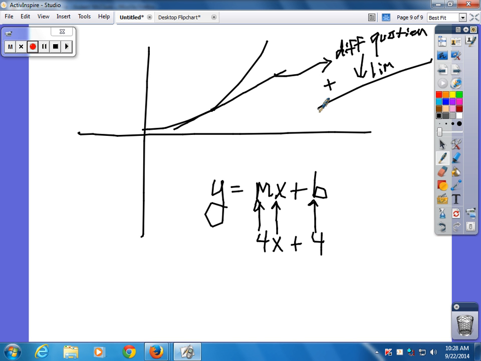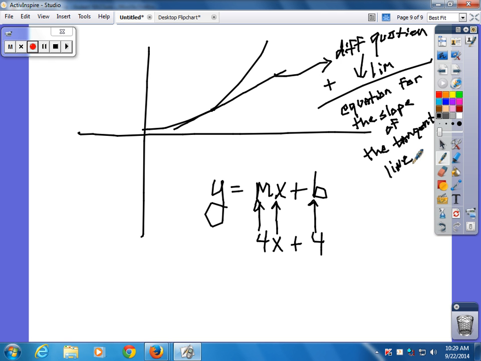I know it's not, but what I'm trying to tell you is, your goal in first semester calculus, after you go through trig and learn the trig, is to get the equation for the slope of the tangent line.